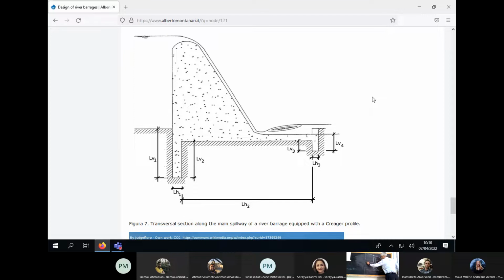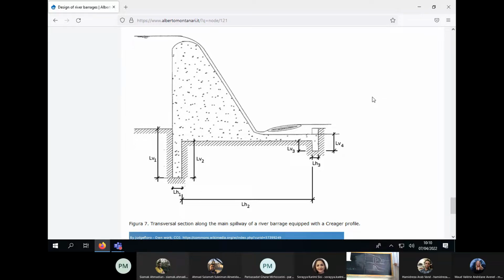So, in this way, basically your flow is lying over the structure with no empty space here, no empty volume. And the question, of course, is what is the shape? What is the ideal shape that I have to give to the downstream side of the barrage?